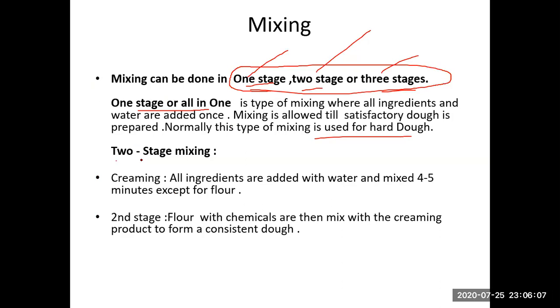In the 2 stage mixing process, first you prepare cream: all ingredients are added with water and mixed for 4 to 5 minutes, except for flour. Then in the second step, you add flour, and if you want to add any chemicals or flavor, you can add it in the second stage for preparing the dough.